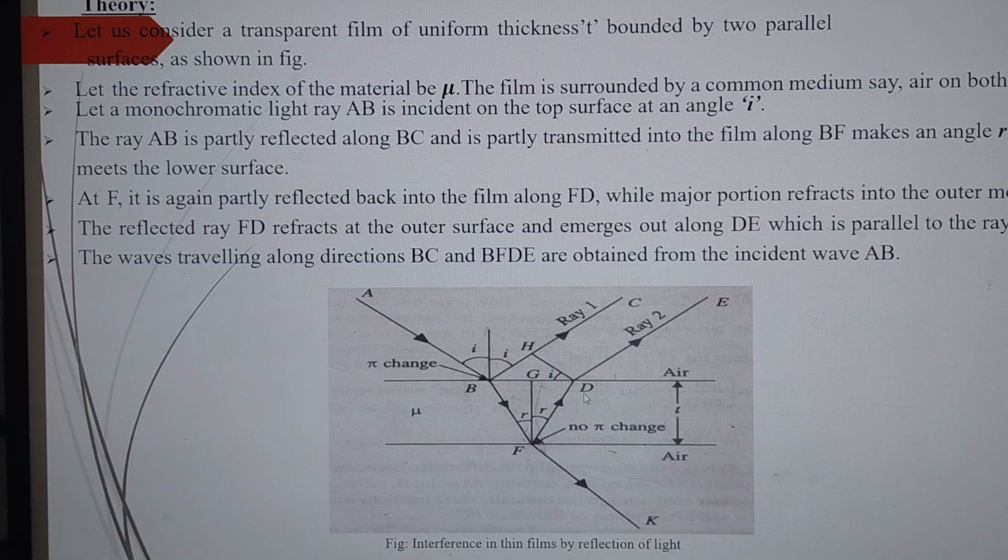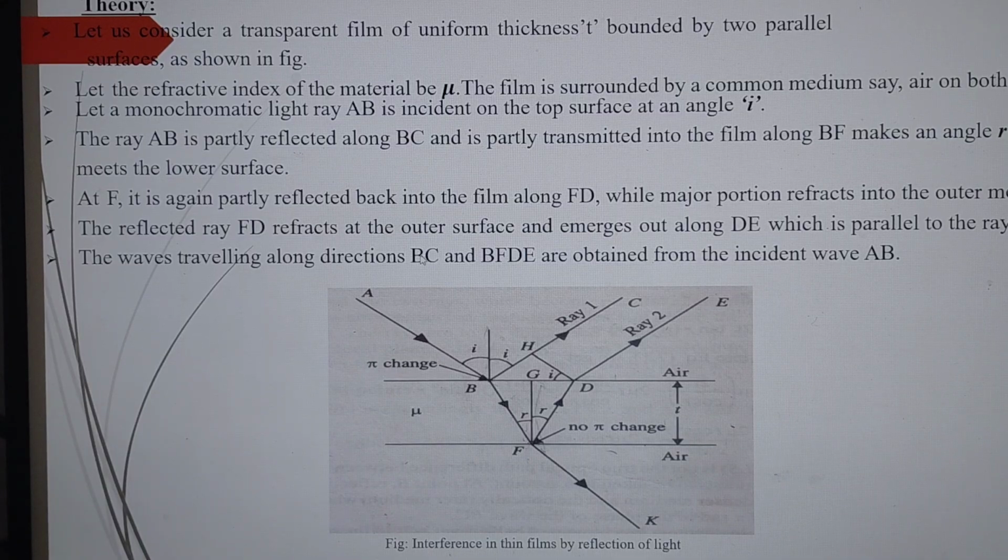Here it is D and here it is E. So DE will be parallel to the ray BC. Already we have ray 1, and ray 2 will be the parallel ray.